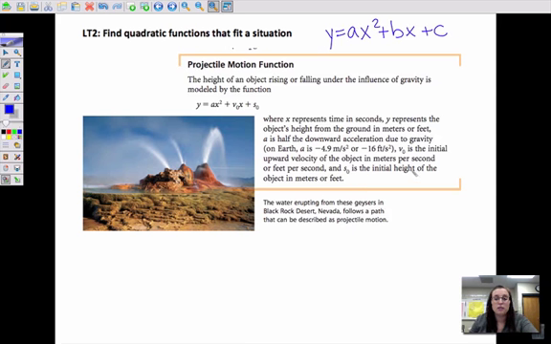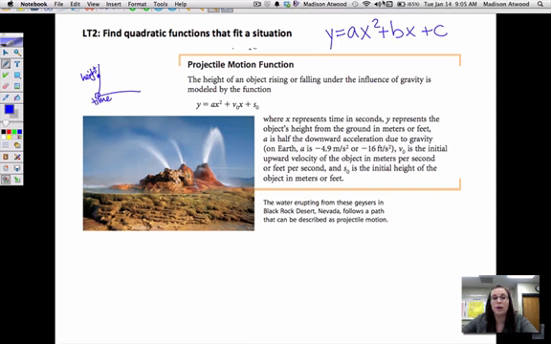If you think about it, it's the y-intercept, because it's the height of the object when the time is at 0. So we already knew that part of it. Now you know what A and B stand for. Go ahead and pause if you need to, get all those gaps filled in, and then we're going to start an example.